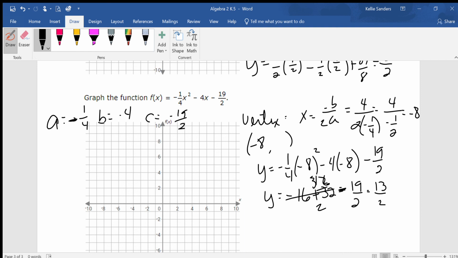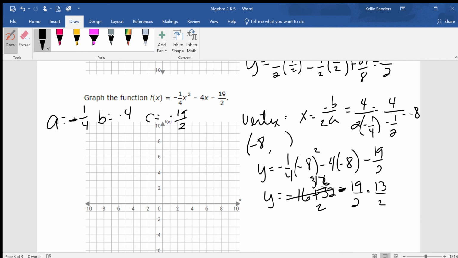I'm going to check my math one more time. Opposite B, which is 4, over 2 times -1/4. -8. -8 squared times -1/4, -16 plus 32 minus 19 over 2. 13 over 2.